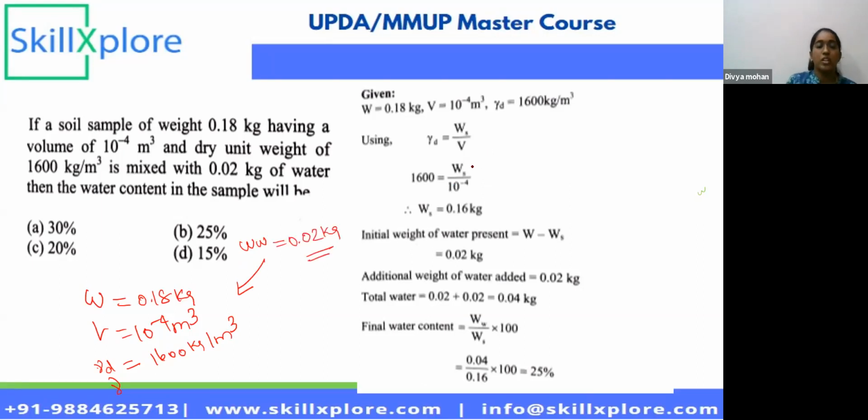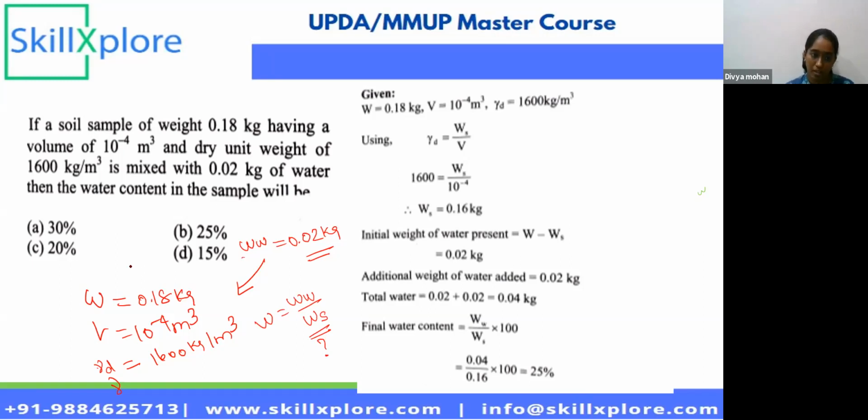Okay, we'll start with the problem. They want to find out the water content. Water content is nothing but w equal to weight of water by weight of solids. So the first thing we need to find is the weight of solids.